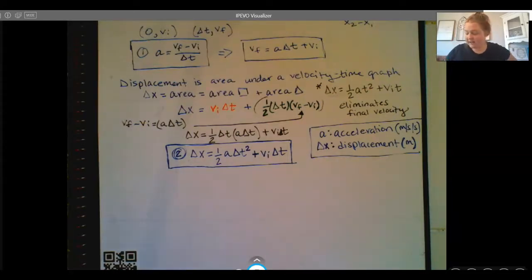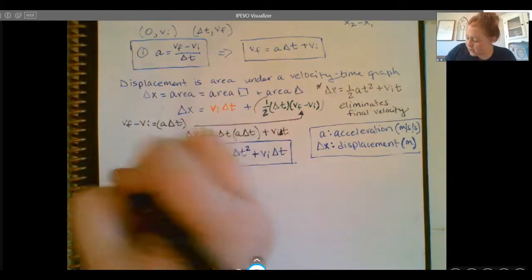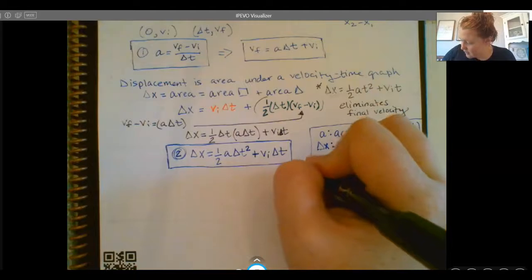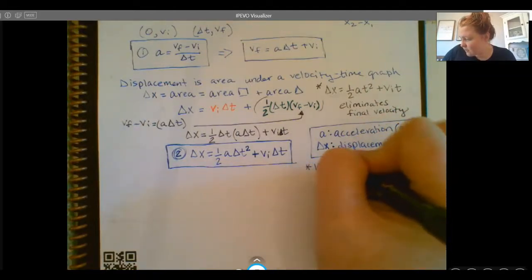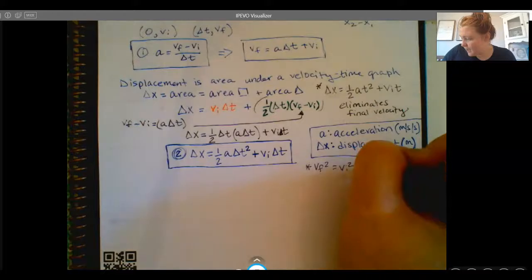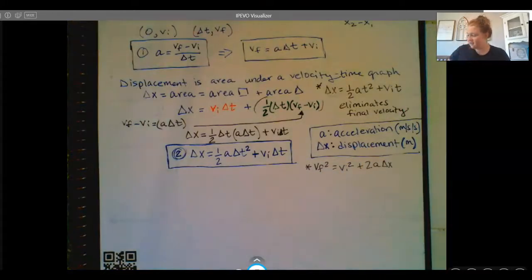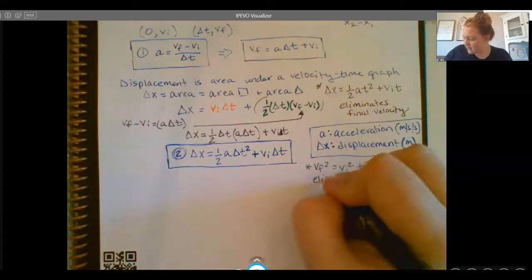But what it does is it eliminates time as a variable. So our end game here for this third equation is going to be VF squared equals VI squared plus 2a delta x. Notice we have eliminated the time.